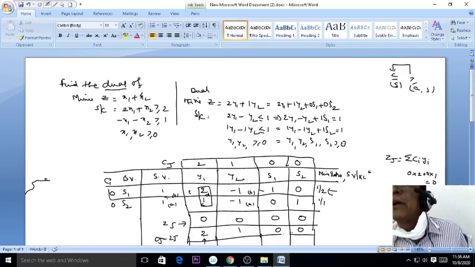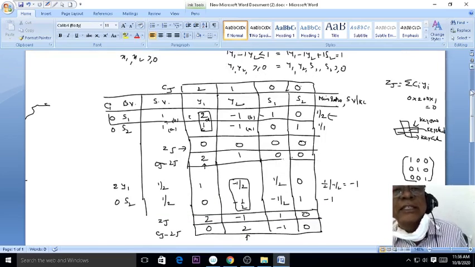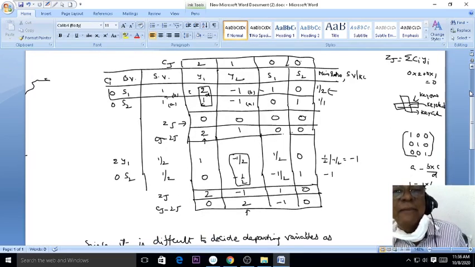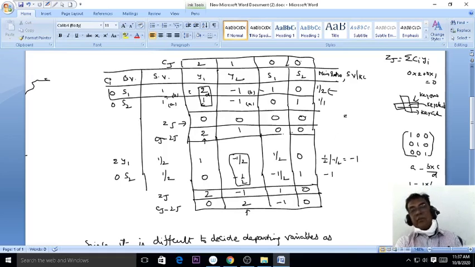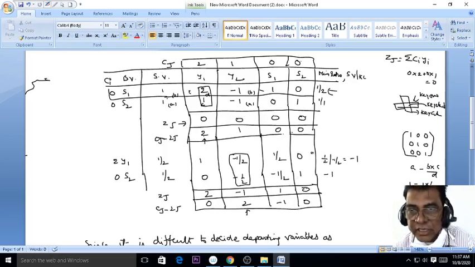Now apply our conditions according to the key column and key row: Cj, Zj, then Cj minus Zj values. For the first iteration, the key column is the maximum positive value in the Cj minus Zj row. Then go to the key row. To find the key row, first calculate the minimum ratio, which is SV by KC.